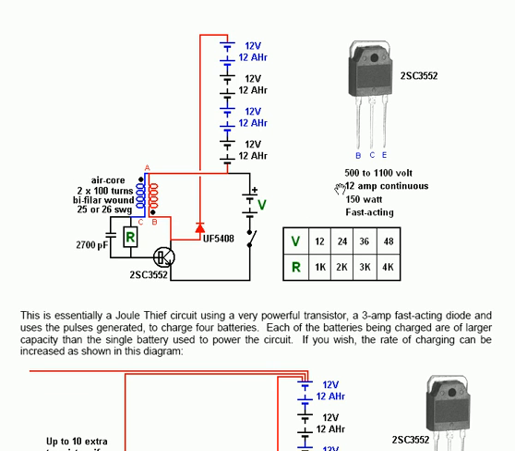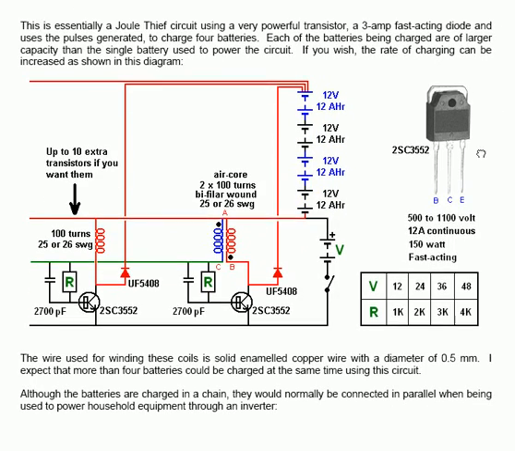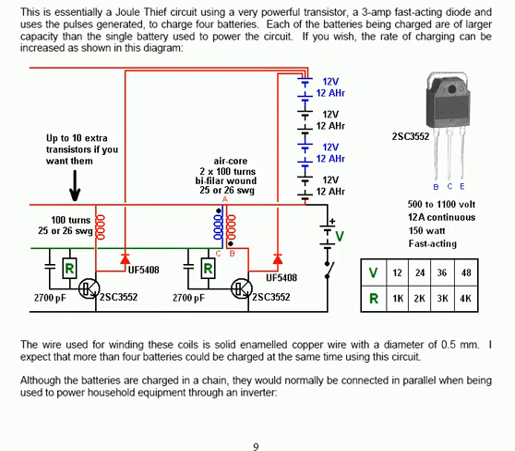The circuit that he's using is still essentially a dual-T circuit, which is using this very powerful transistor, a 3 amp fast acting diode, and it uses the pulses generated to charge 4 batteries connected in a string. A single battery is used to run the circuit and charge the 4 batteries.